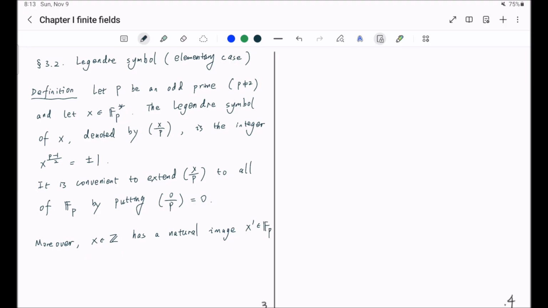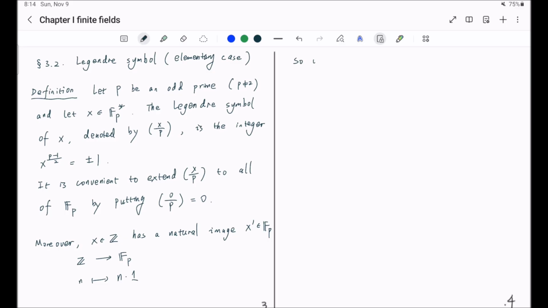Remember, this natural map is given by Z to Fp, by sending an integer n to n times 1, where 1 is the multiplicative identity in the finite field Fp.